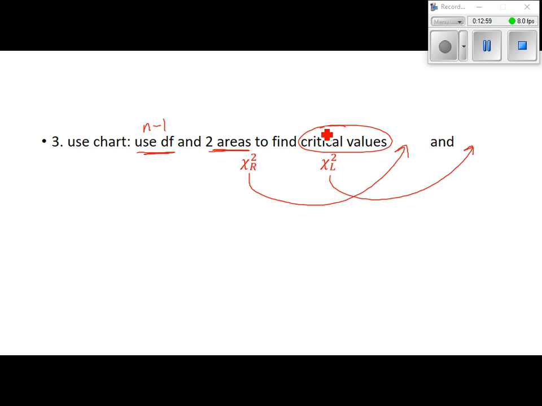Well, the chi-square chart is on the back of that page. So if you find your T distribution, the chi-square is on the back of that page. So we're going to use that chart to figure out our critical values, our right critical value and our left critical value for chi-square.